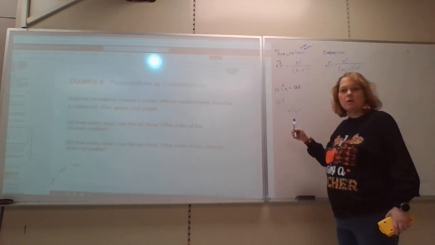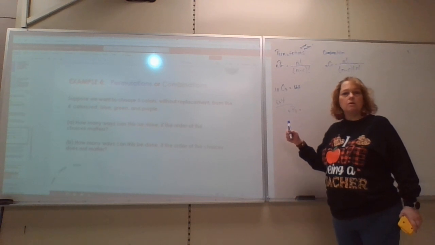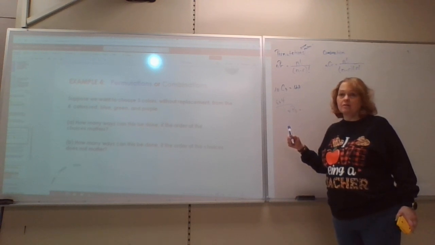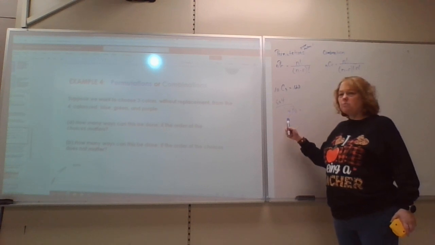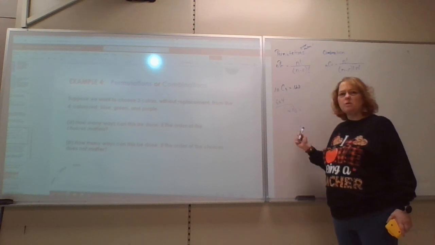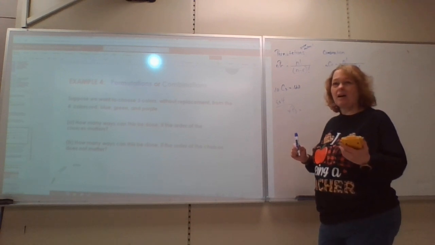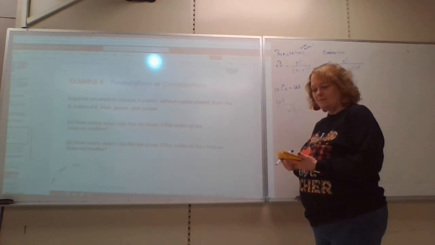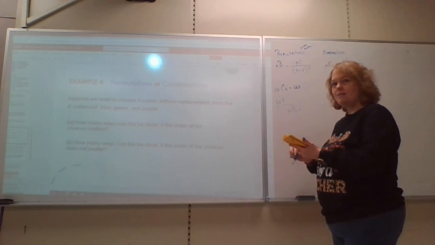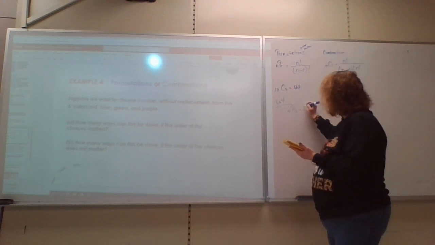Have you guys tried to put the small number first? If you do, it's a syntax error. It'll say error, because there's no way you could pick 4 out of 3 colors. Your calculator would be like, I think you punched that in wrong. How about 24? 24.